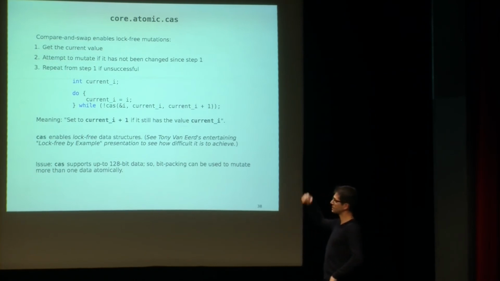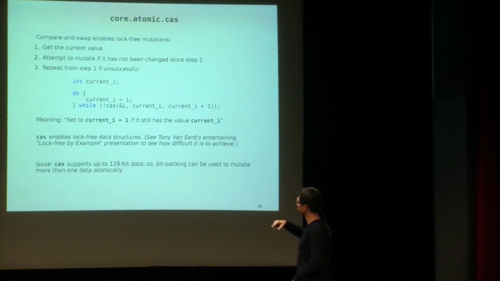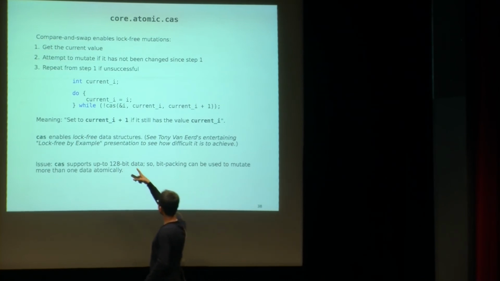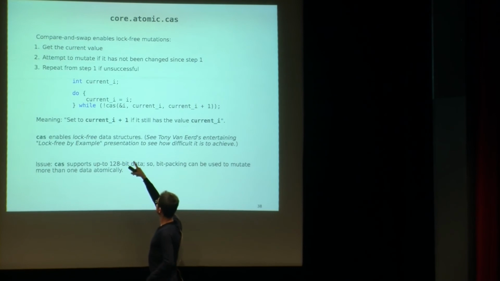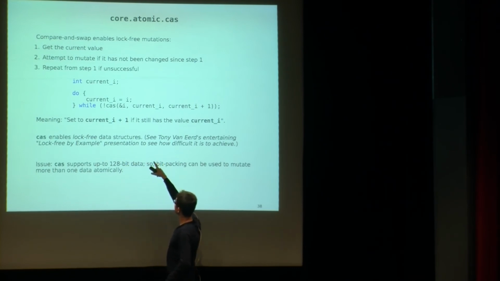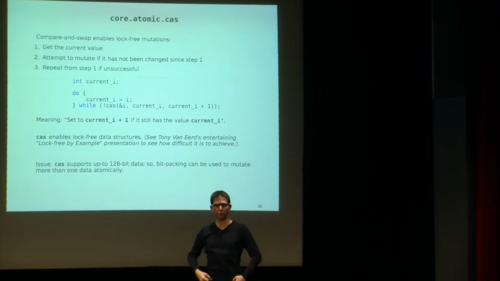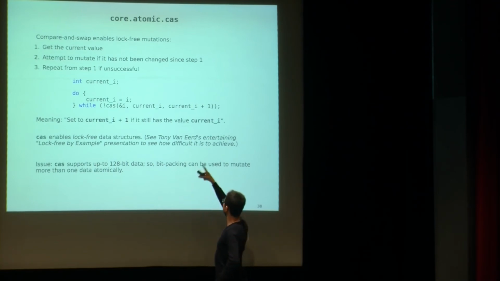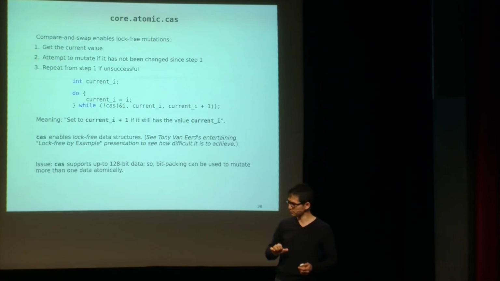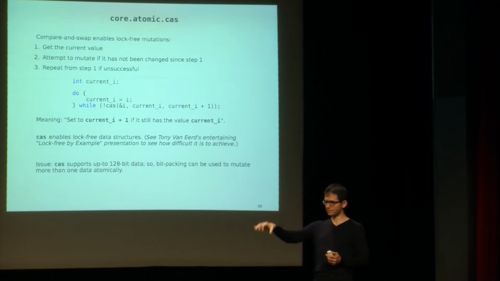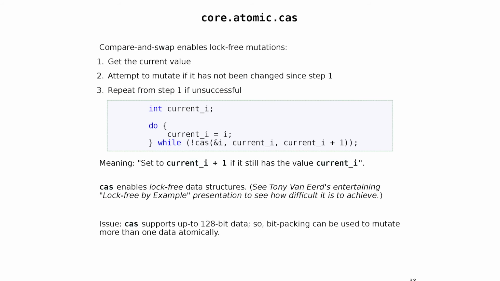So CAS is a CPU feature. What you do is, you get the current value of the variable into currentI, and you say, okay, that's the current value. I think it's 42. Now I'm going to set it to 43. Let me try it. If it works, the return value of CAS tells you, yes, it worked. You thought it was 42, you assigned it 43, and nobody else changed it in between.